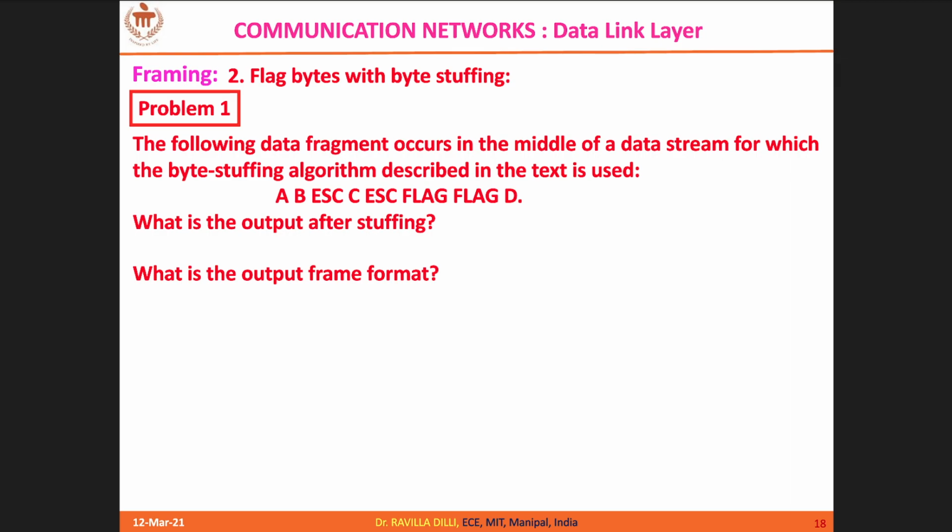One of you can tell me, after character stuffing, what is your output? A, B, 2 escapes, C, 6 escapes, and so on. Yeah, sorry, 4 escapes, 2 flags, and 1 D.